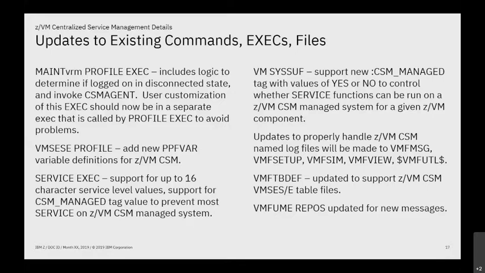So there is a commented portion within the profile exec that would allow you to add your code there, but there's also a commented out invocation of an exec called local config, LCL CNFIG. And so if you uncomment that and you create a local config exec, you can put all of your code in there, which will be run when you log on to main 720.